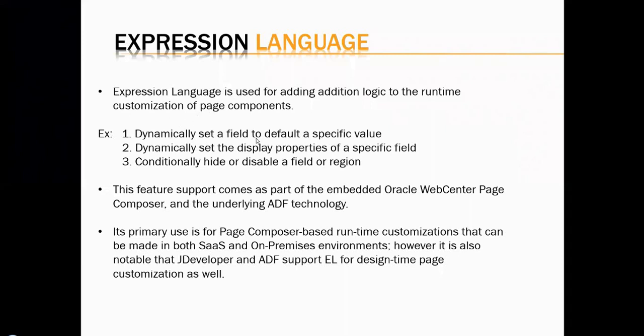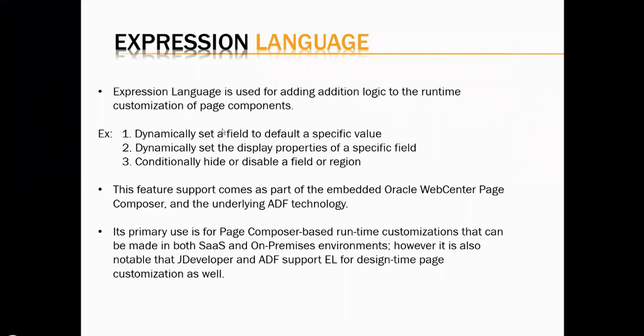Example, dynamically set a field to a default specific value. Okay, example, if someone is hired in any US legal employer, then set the location to Redmond by default. That is a requirement. Set the work location of the employee to Redmond by default. When should we set it to Redmond? Only if the employee is hired in the United States.